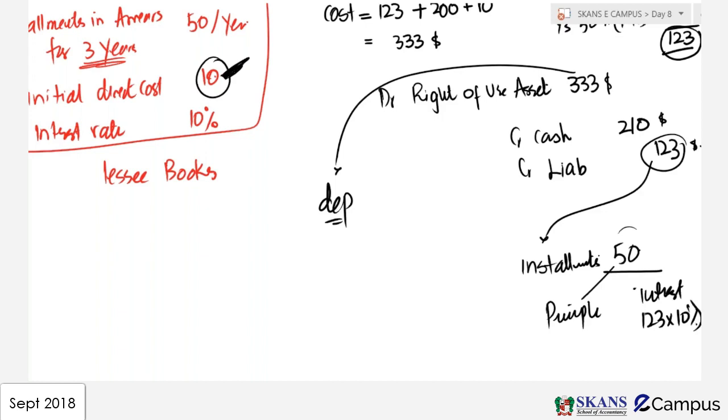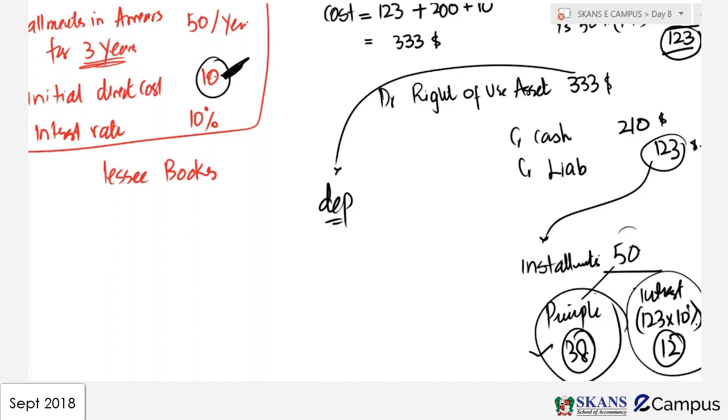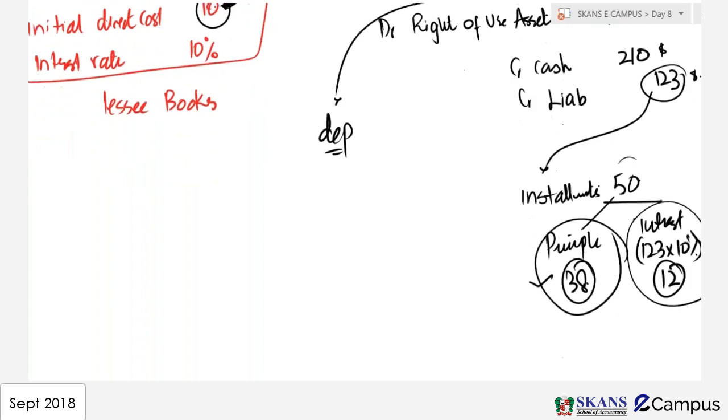It will give you 12. So 12 is the interest out of 50, and the remaining 38 is your principal. Now the liability will reduce by 38. The interest will be charged to P&L, and now the liability will be 123 less 38. That gives you the new liability value, the closing balance.